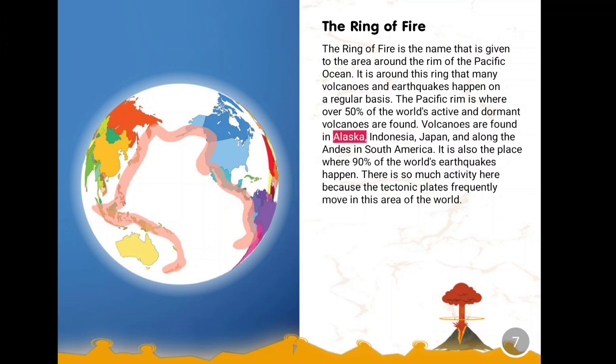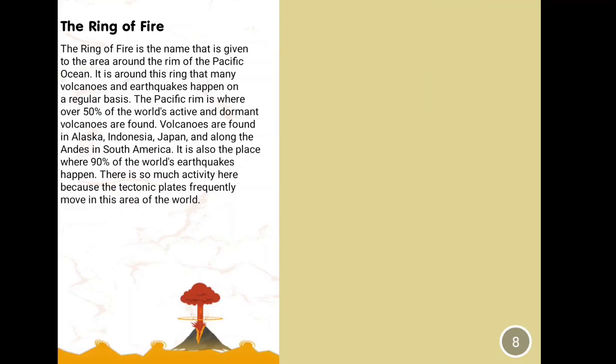Volcanoes are found in Alaska, Indonesia, Japan, and along the Andes in South America. It is also the place where 90% of the world's earthquakes happen. There is so much activity here because the tectonic plates frequently move in this area of the world.